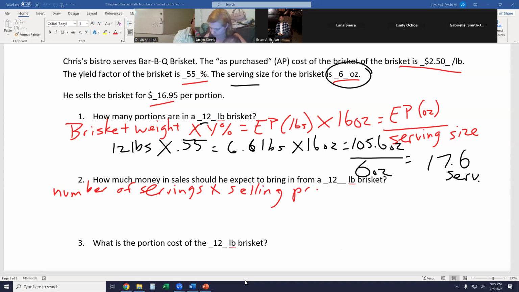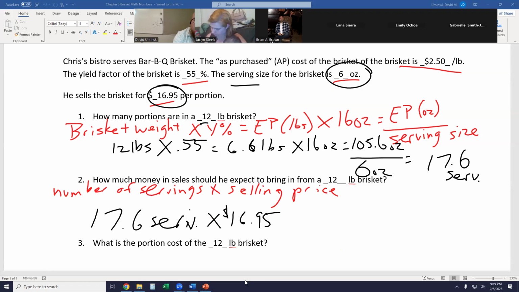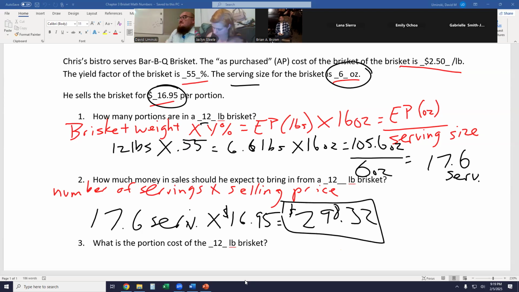So if we get 17.6 servings, we multiply it by our $16.95. I should get $298.32. That should be my amount of sales after I've served all 17.6 servings.